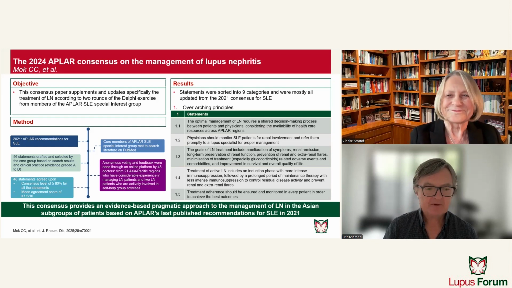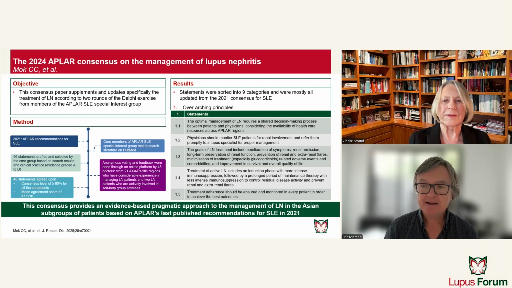Yeah, thanks, Vibeke. I've got comments and a couple of questions as well. So I think importantly, this is a guideline for care of lupus nephritis in the Asia Pacific region. So it focuses on access to investigations and treatments in that region, many countries of which are much poorer than the countries that you and I live in.